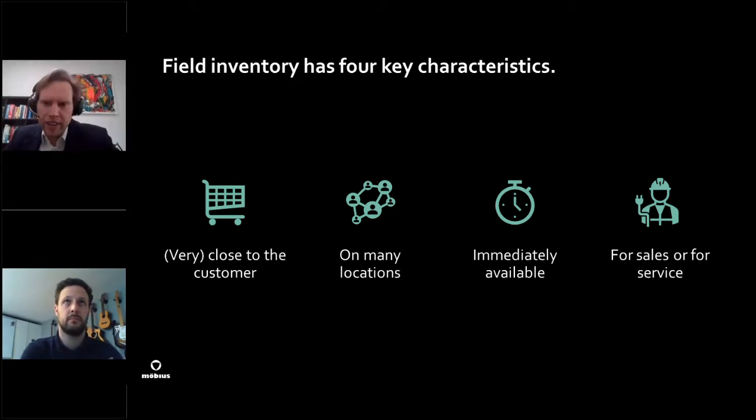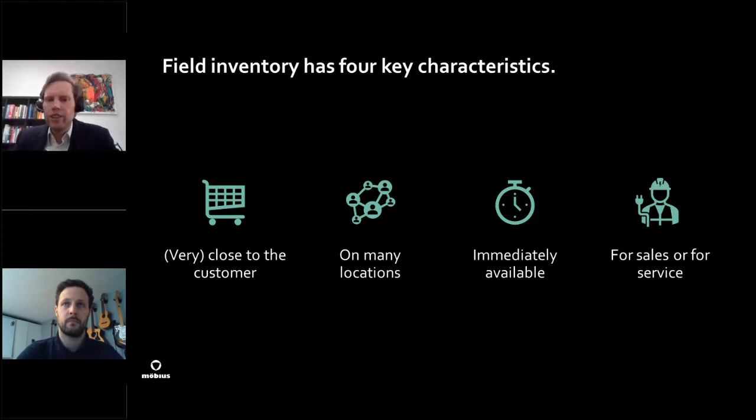The third aspect is around availability. In most cases, companies keep field inventory because they are searching for an immediate availability. So some of you probably use field inventory as a way to sell products very quickly to customers.